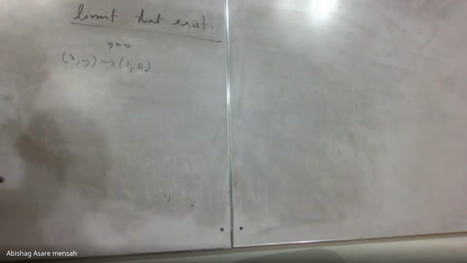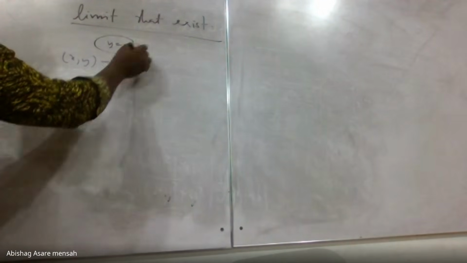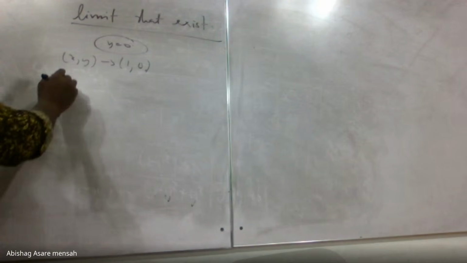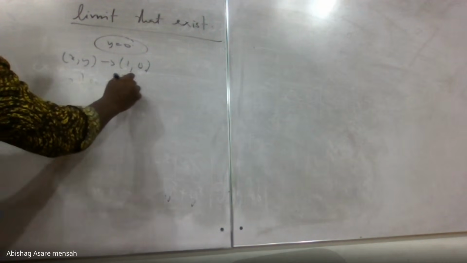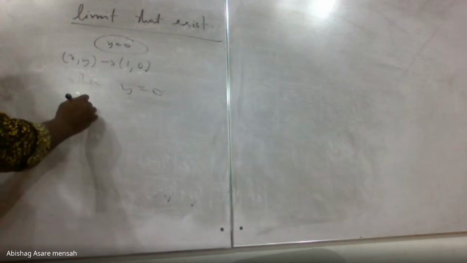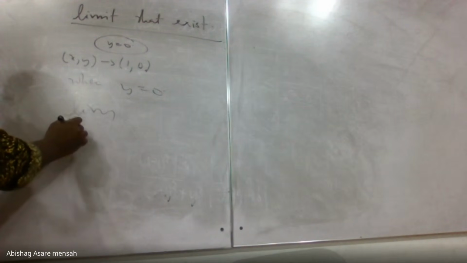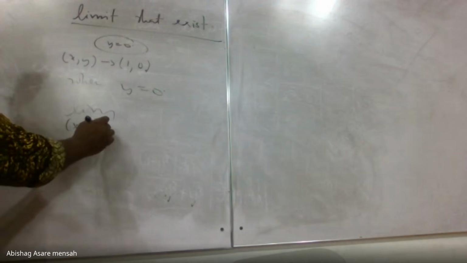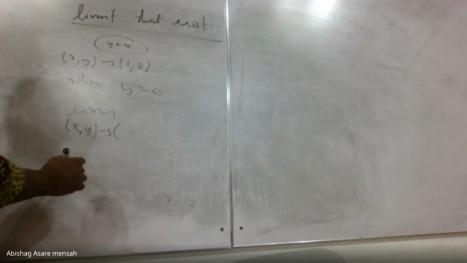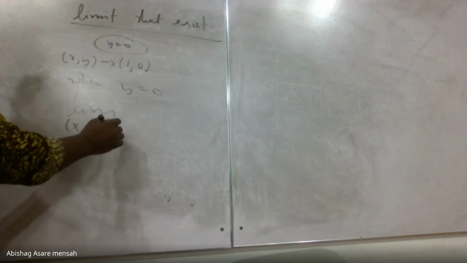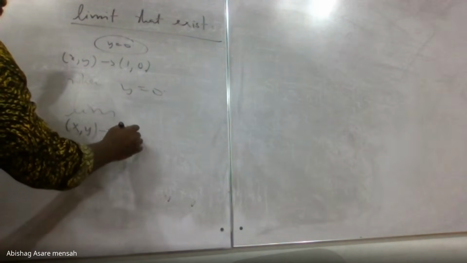So let's call this. So this time we are starting when y is equal to 0. So when y is 0, start. The limit as (x, y). So we are saying that the x will maintain. We maintain the x, then y will be 0.